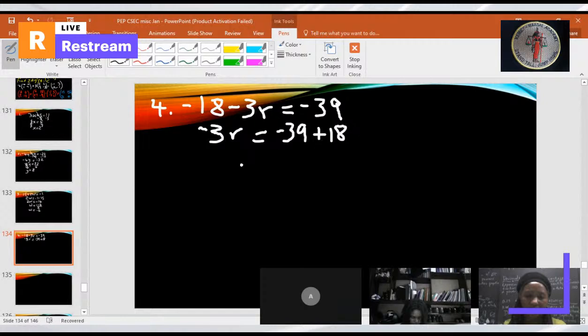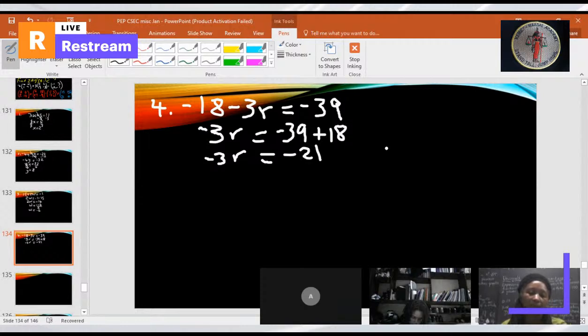All right, what do I do after that? Miss, after that we try to get rid of the negative 3r. But why not work this first? Tell me what this gives you first. Miss, that would give you negative 21. All right, so negative 39 plus 18 is negative 21.